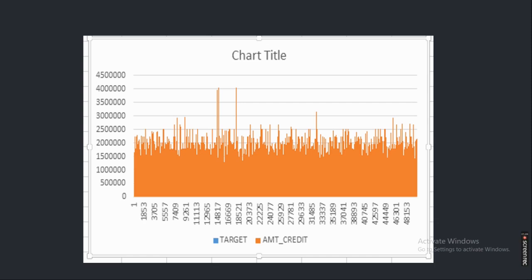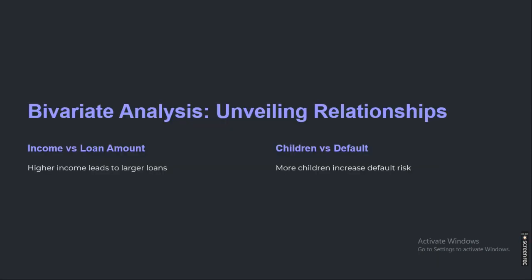This chart represents the amount credited and the target column. Using that, this clustered bar chart has been created by our varied analysis. In this I have used two columns and visualized two charts.